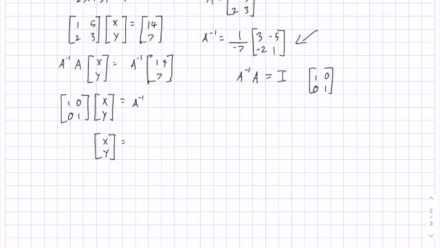This is A inverse times 14, 7. Now let's actually finish this off, and this is the easy part. 1 over negative 7, and then 3, negative 5, negative 2, 1, times 14, 7.